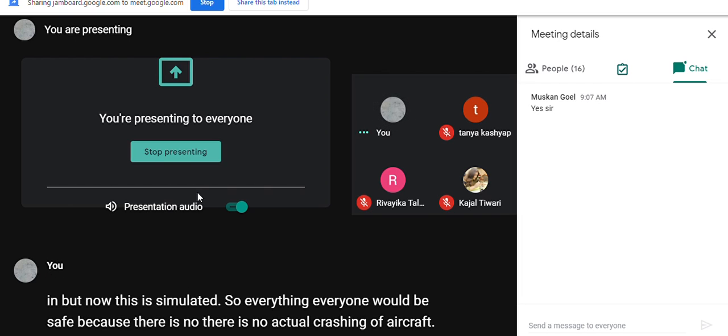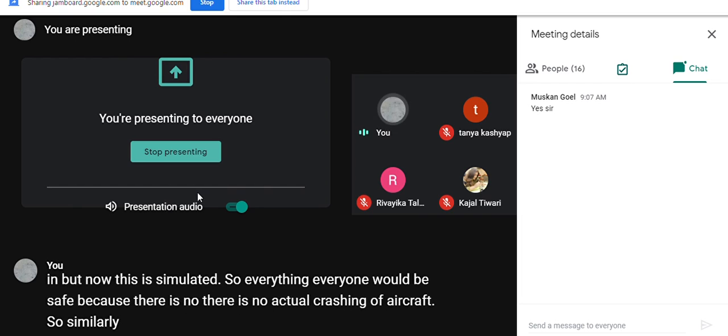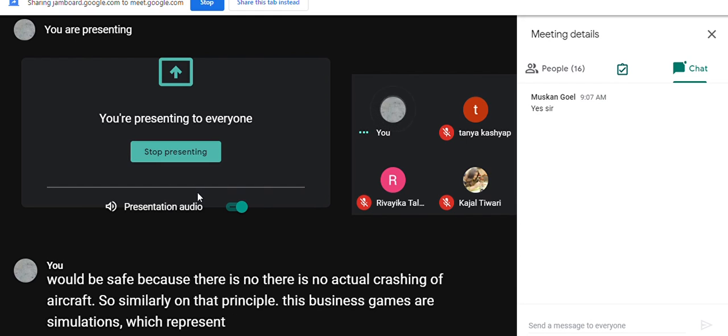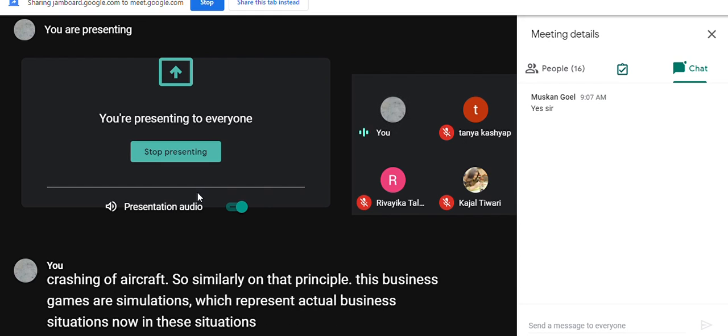Similarly, on that principle, these business games are simulations which represent actual business situations. Now, in these situations, the trainees are asked to make decisions.